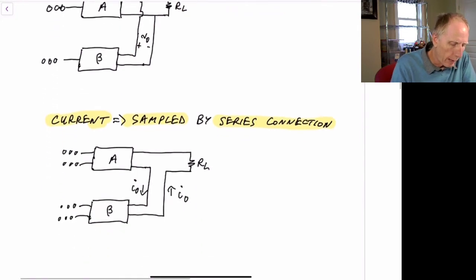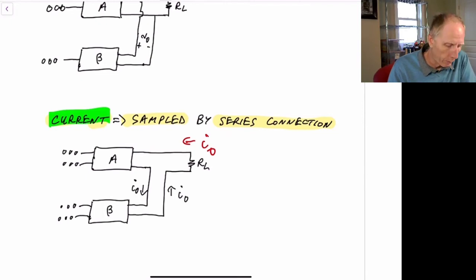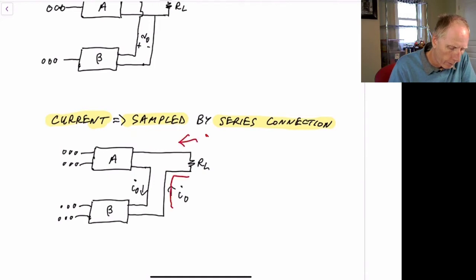Now if the output happens to be a current, so if we say we have our current output over here, I sub out, and we want to sample that into our beta network, then we need to put that in series the way it's shown here. So we have this current I sub out flowing through here, going into our beta network and coming in this way.